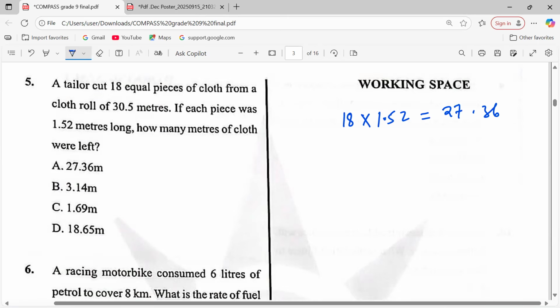This is now the one which was cut, meaning that the amount that remained is the total, which was 30.5 minus 27.36. So 30.5 minus, we're getting 3.14. These are meters, making option B the right answer.